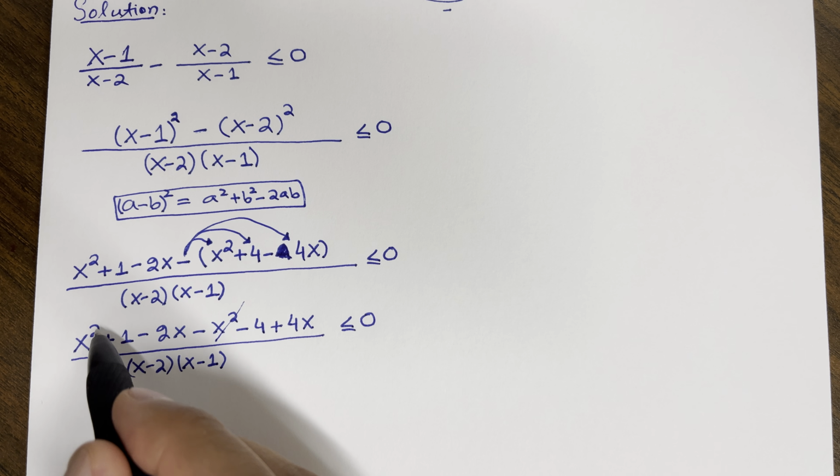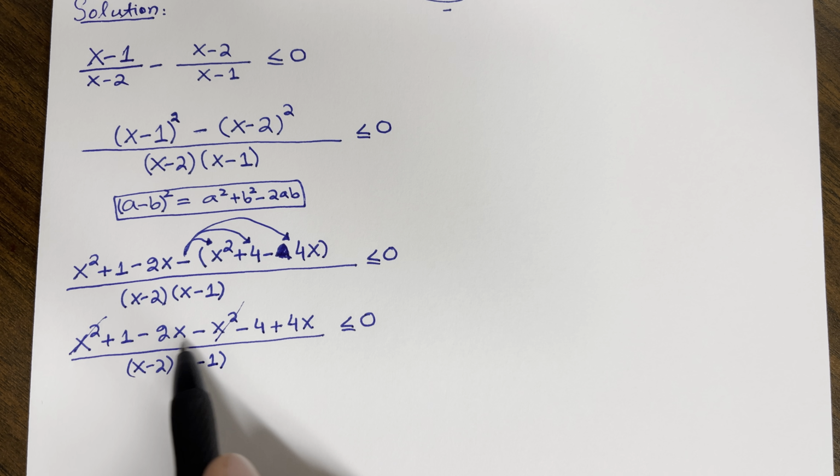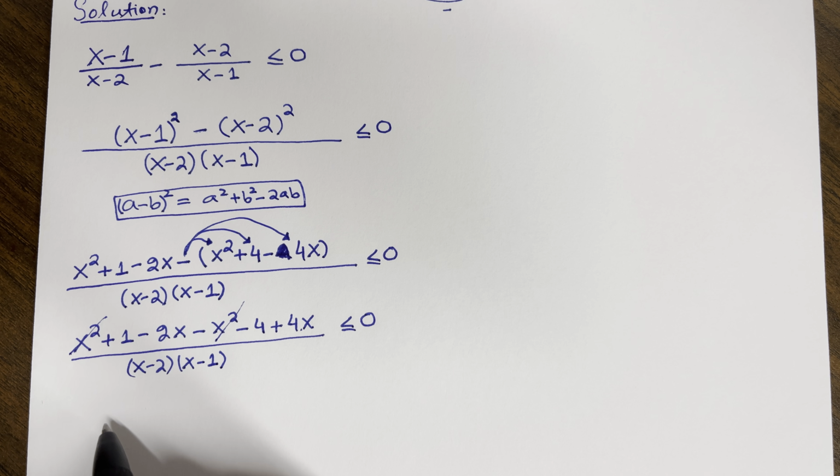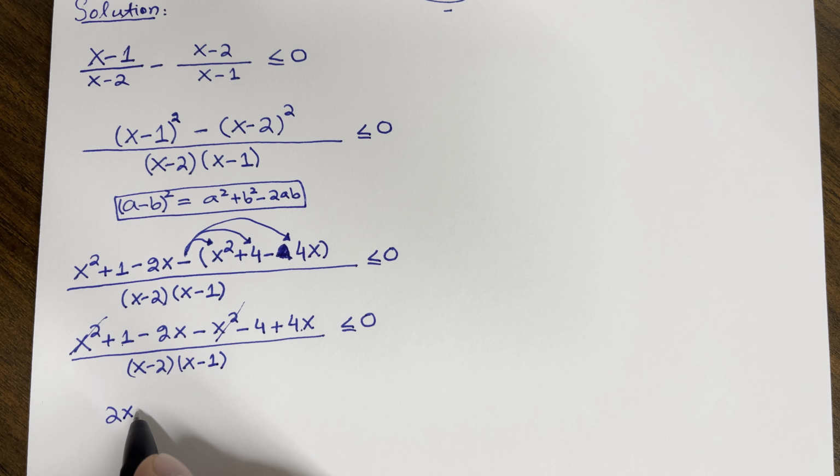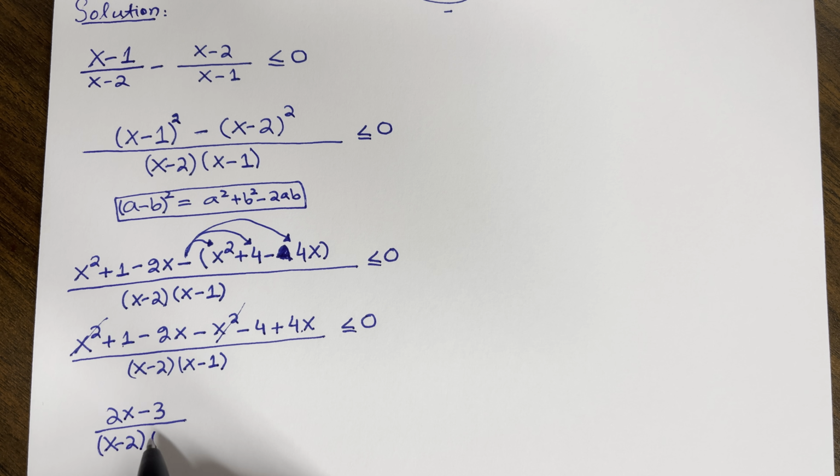So we can now cross out these things. So we have 4x minus 2x, so this is equal to 2x, and then minus 4 plus 1 is minus 3, divided by (x minus 2) and (x minus 1), less than or equal to 0.